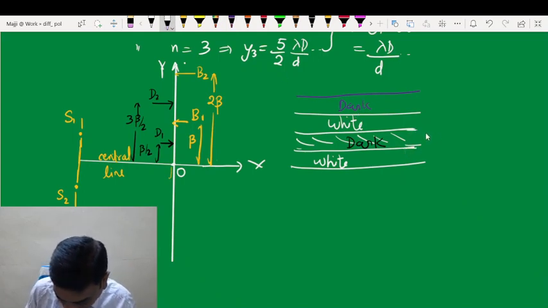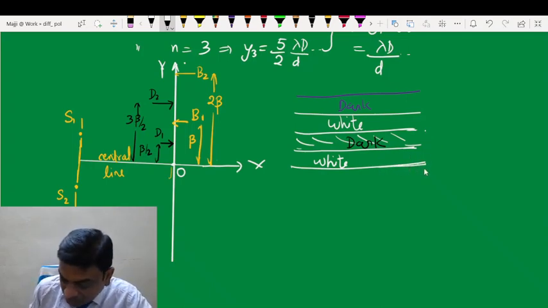Now as far as the intensity of light is concerned, as you move from here, let us say one of the positions of bright fringe, you have to reach here so that the pattern of variation of intensity repeats. Here you see intensity goes on decreasing, it becomes a dark fringe, again it increases.